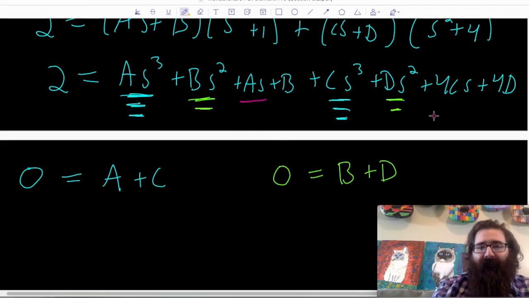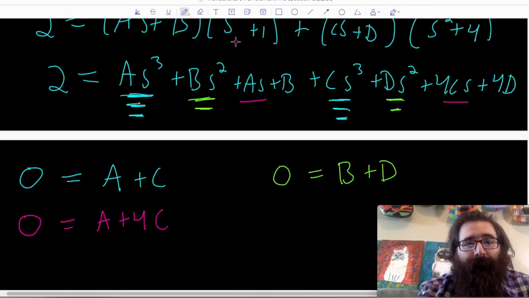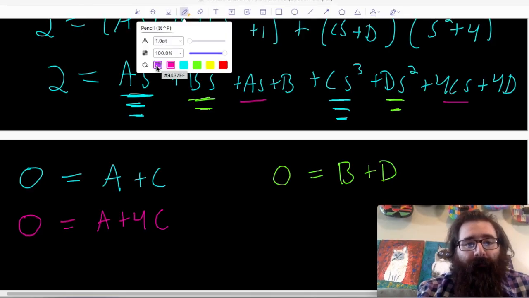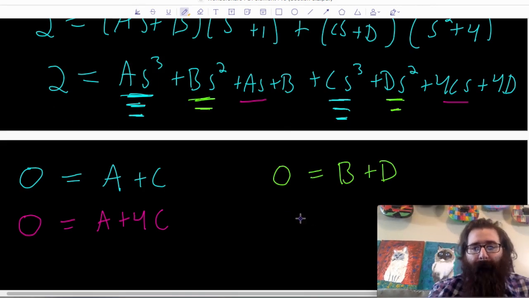So as and 4cs on the right, there's no s on the left, so that should be 0s equals a plus 4c times s on the right. And for anything that's not underlined, we have a constant on the left, 2, equals, on the right, b plus 4d.